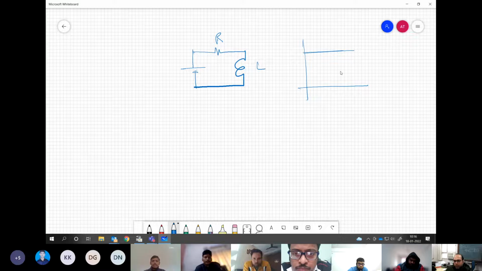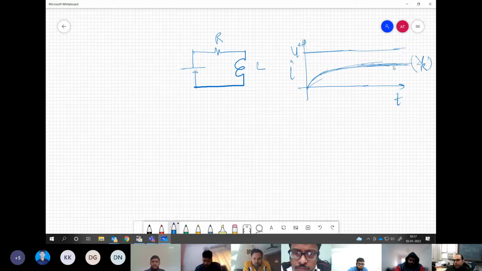If I ask you to draw the current, it will eventually become like this, right? Correct? Yes, sir. The exponential part, what you see, is settling down to some constant value, which is basically V by R. This time interval depends on the time constant of the system, L by R.